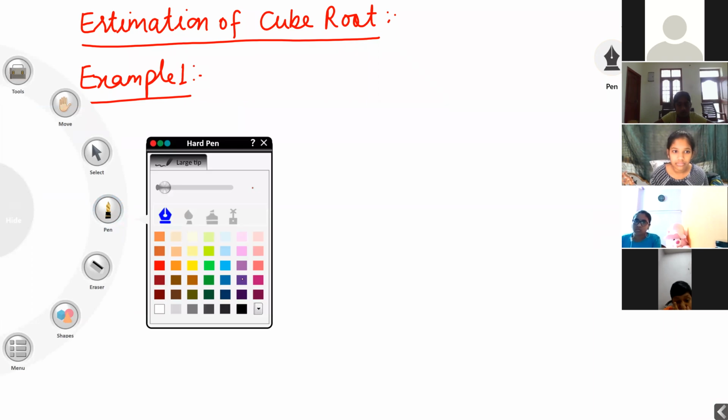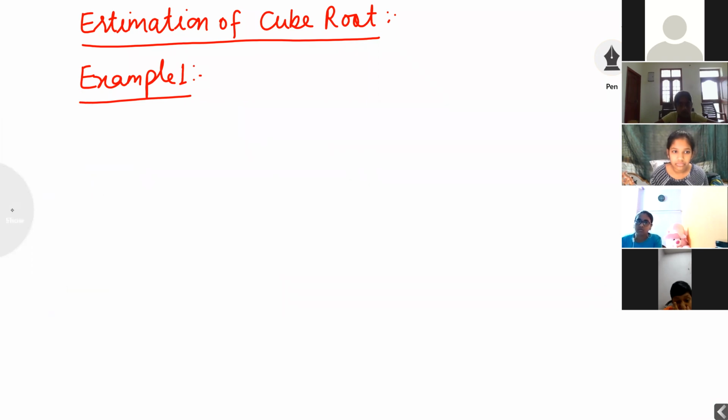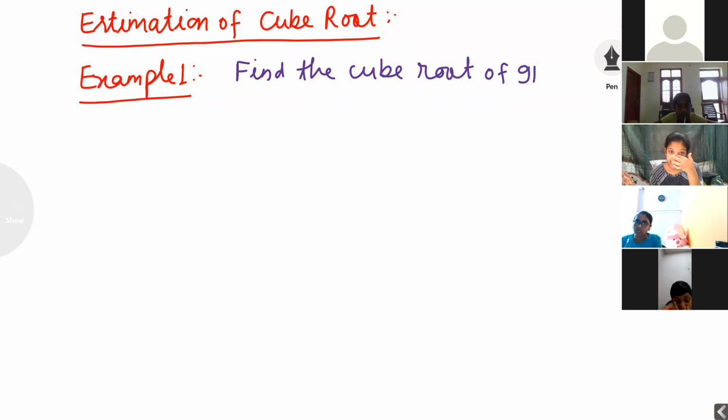Find the cube root of 912673 by the estimation method. Don't write the question.